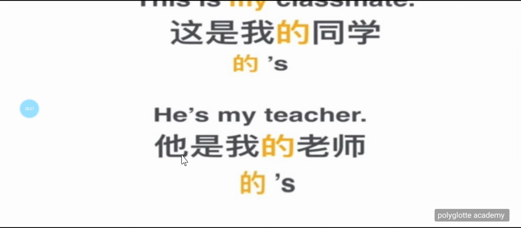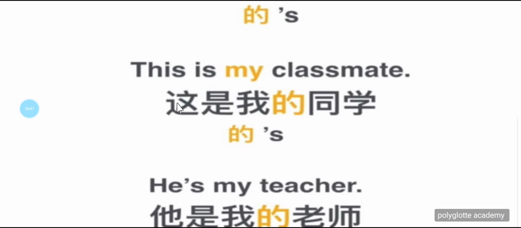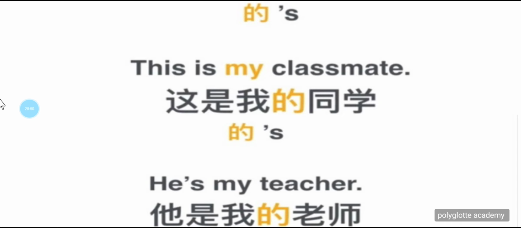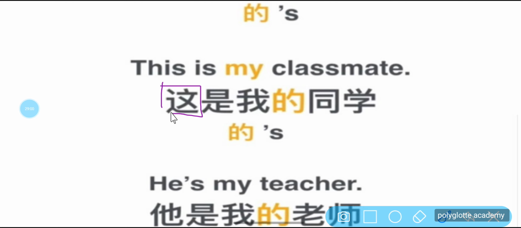And for this case we have 他是我的老师, he is my teacher. I did not give the translation of this one in the first video. 他是我的老师, he's my teacher. 非常好。The next one we're going to have is 这是我的同学. 这 is this, and 是 is the verb to be. 这是我的同学, that's for your review.